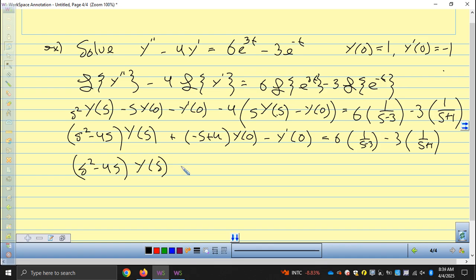So I think we get a negative s plus 5. This is 1, so we get a negative s. Here we get a 4 plus 1. So negative s plus 5 equals 6 over s minus 3 minus 3 over s plus 1.